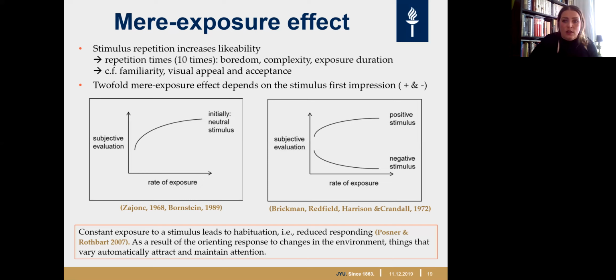So some variance is needed to restart the attention towards this kind of events. But then if the variation is sort of repeated and automatic, then they maintain the attention. So it's not a one-off event.